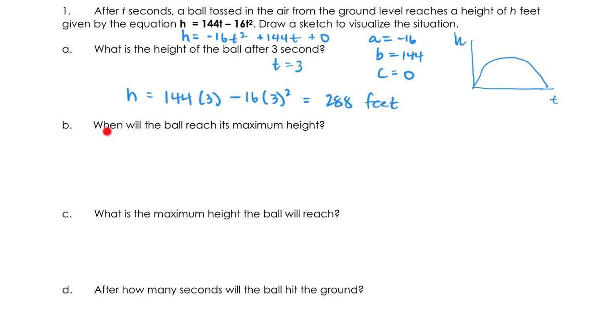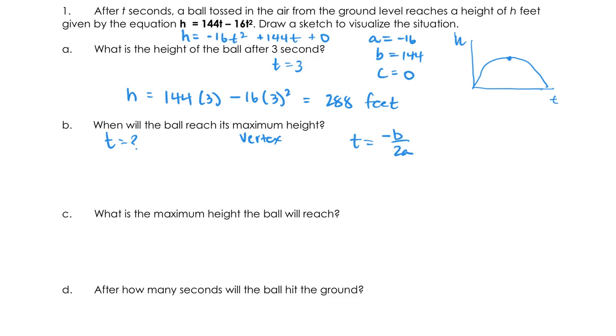Next, we're going to look at when, that's a t. So that's what we're looking for. When will the ball reach its maximum height? And anytime you see the word maximum, we know we're talking about the vertex. And so if you look at the notes at the top of your page, we know that t is going to equal the opposite of b over 2a, because that's the x spot of the vertex at the peak part of our graph.